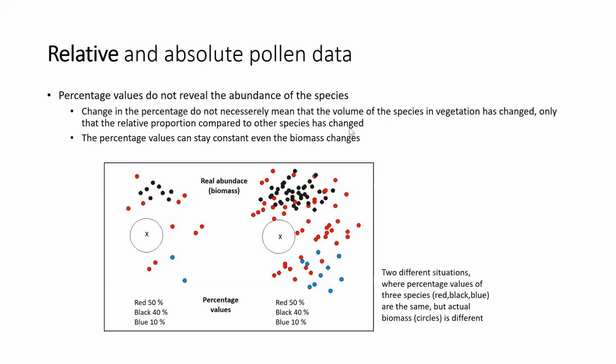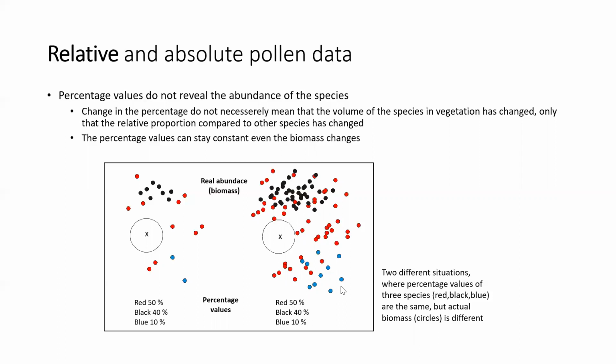But then we can have a similar situation in another area where there are way more trees and bigger biomass, but still 50% of the species are these red ones, 40% these black ones, and 10% blue.